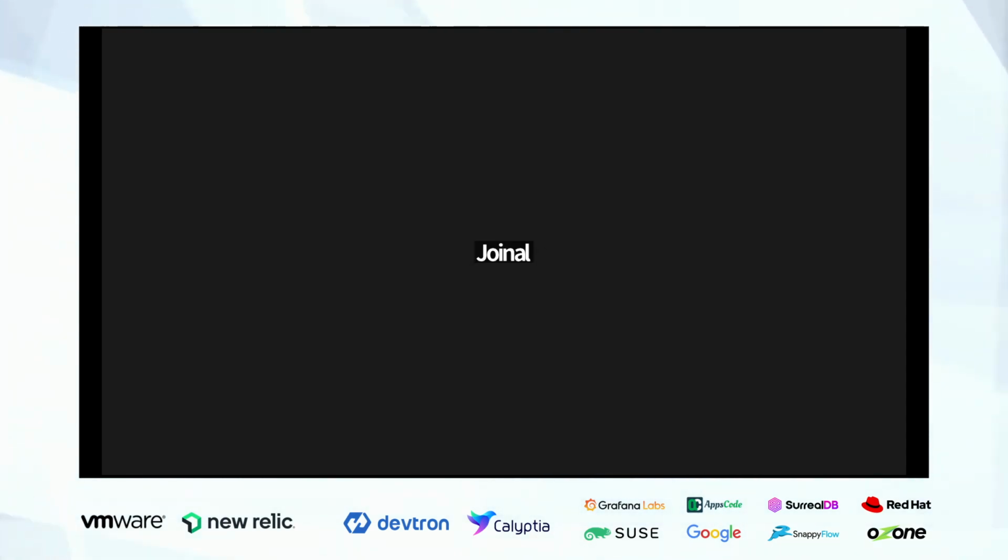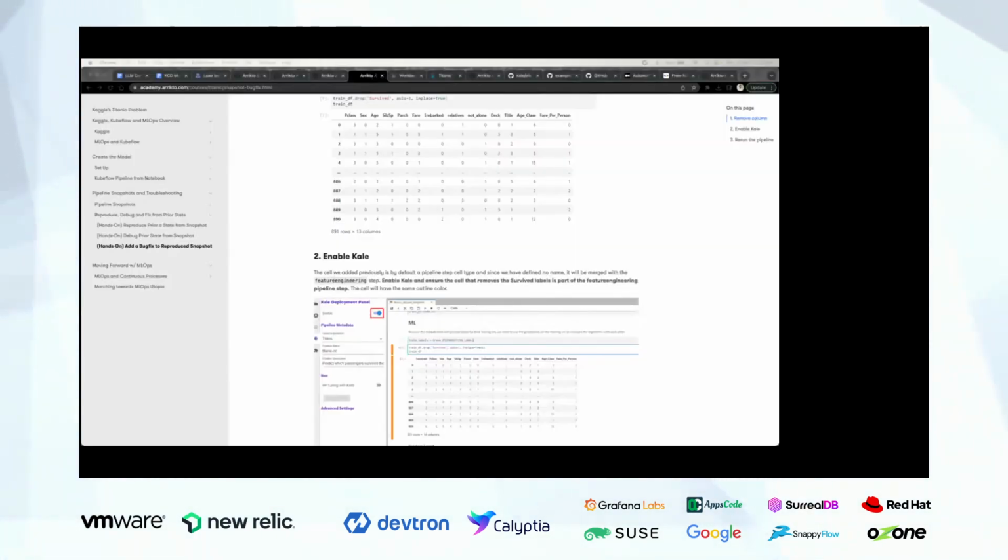The second part is in your pipeline itself. There are certain steps which don't require much compute, for example the step that just imports or reads the data. But the step that trains the model is very compute intensive.